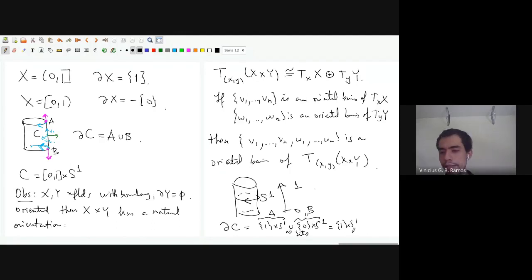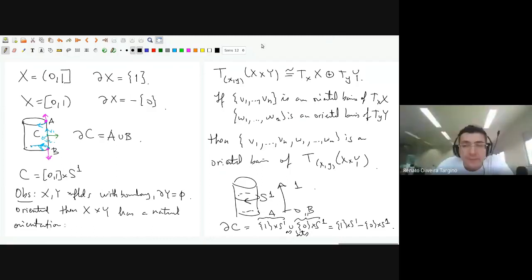But as oriented manifolds, you can write this as union with minus 0 times S1. Okay. Is that what you wanted to know, Renato? Yeah. Okay.